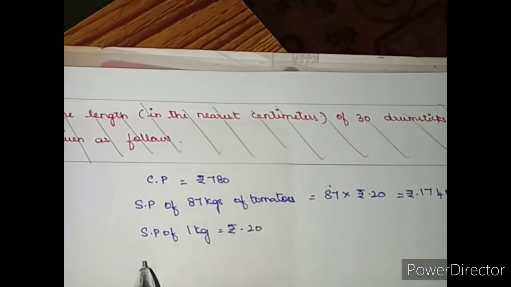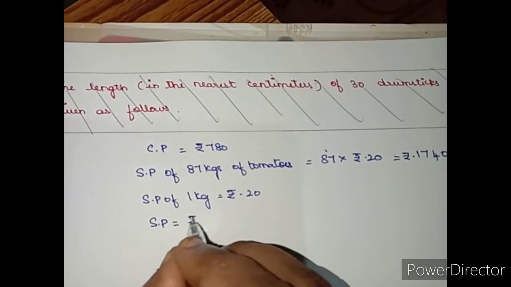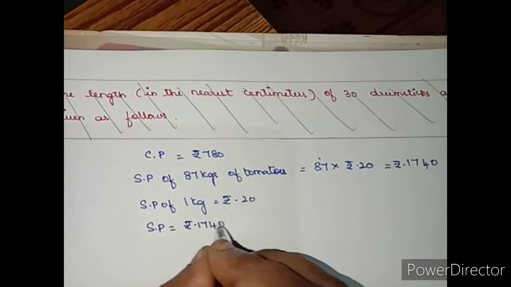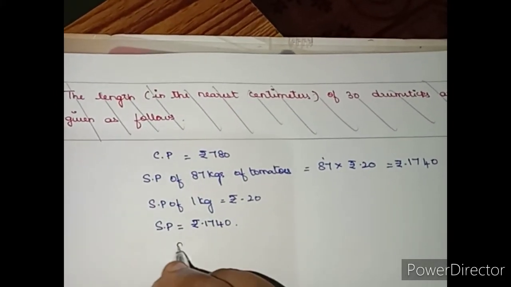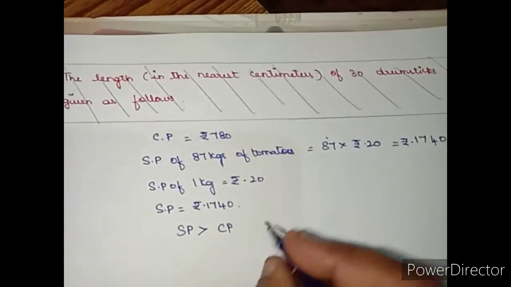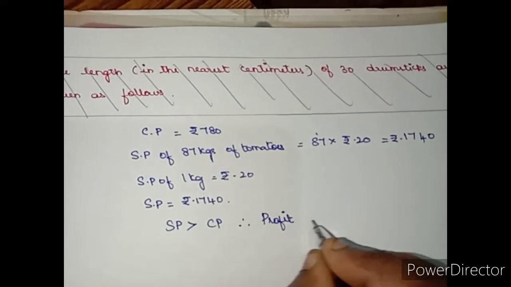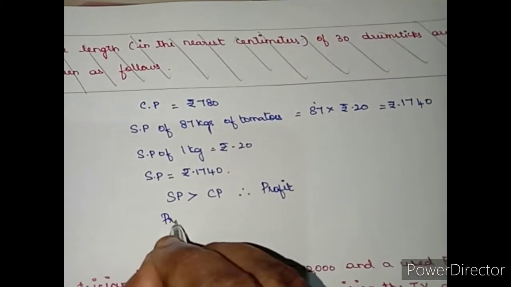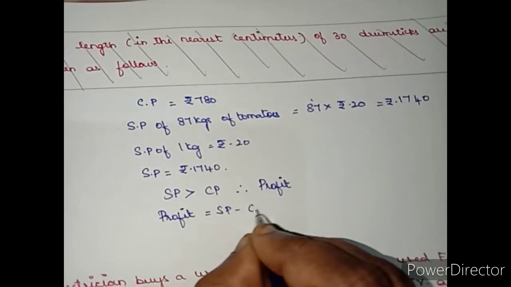Okay, so SP is equal to rupees 1740. So we have to compare the SP and CP. So SP is more than CP. Therefore, it is a profit. What's the formula for profit? SP minus CP.